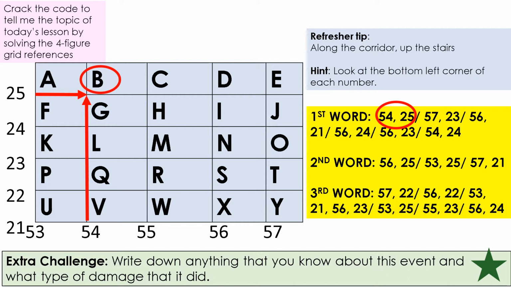So our first letter is B. So see whether you can work out what this lesson is about. Just be a little bit careful here, because that is the 56 and that is the 21. It should all have fitted on one line.